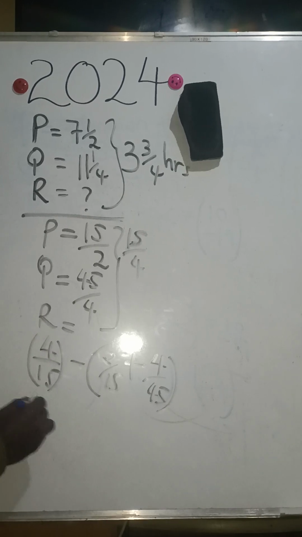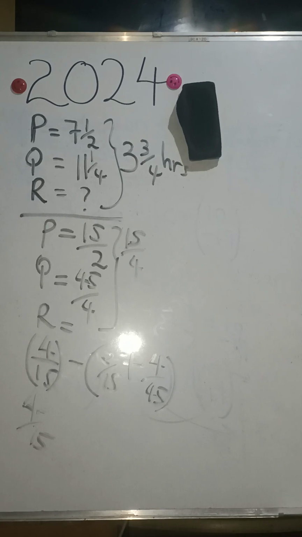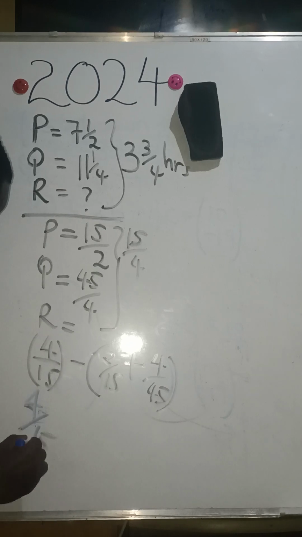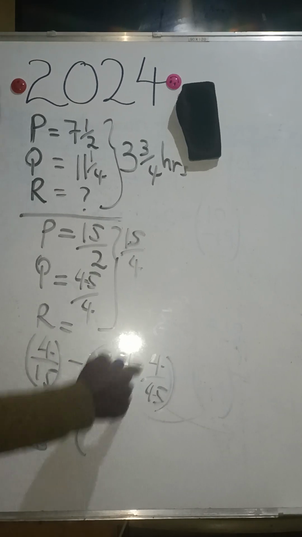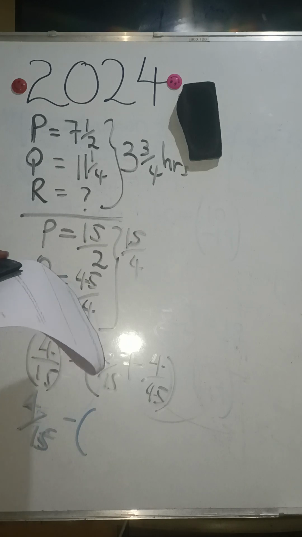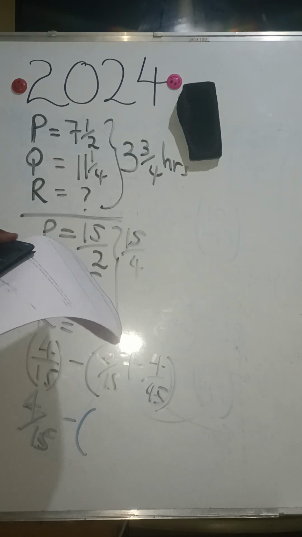So we're going to have 4/15 less the work those two pipes, P and Q, can do in 1 hour if they're working together. So you have 2/15 plus 4/45.